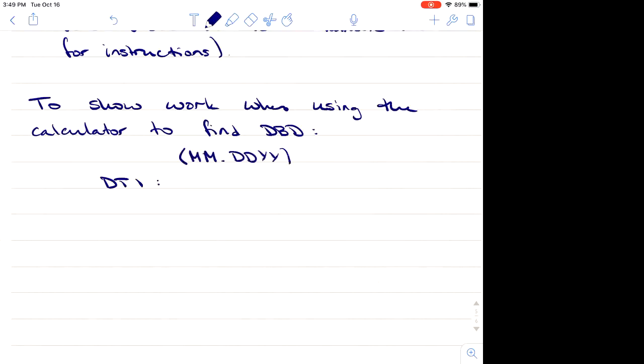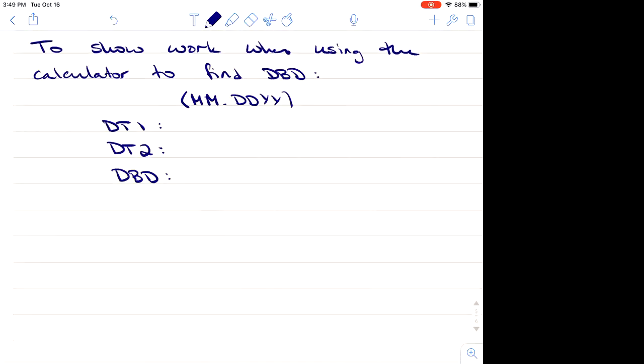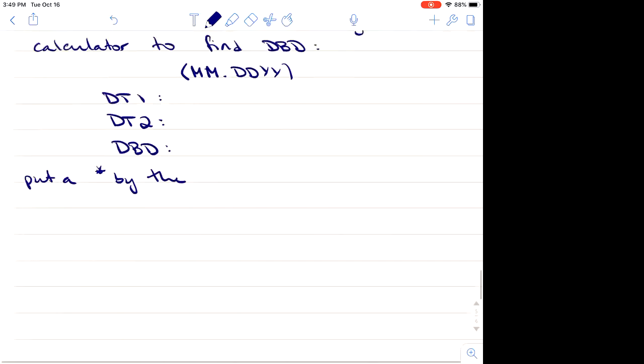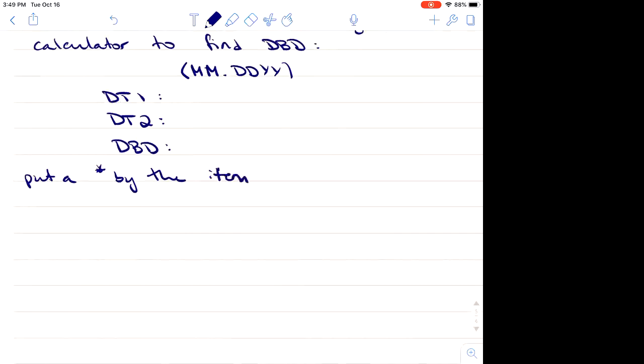Or if you wanted to go into the 19 whatevers, you can just put the whole year, and it apparently works. So that's cool. Okay. So date 1, and you're going to show date 2 in the format, and then the days between dates. Put a star by the item you are asking the calculator to compute.